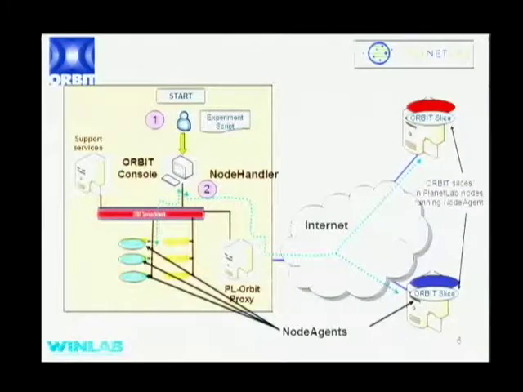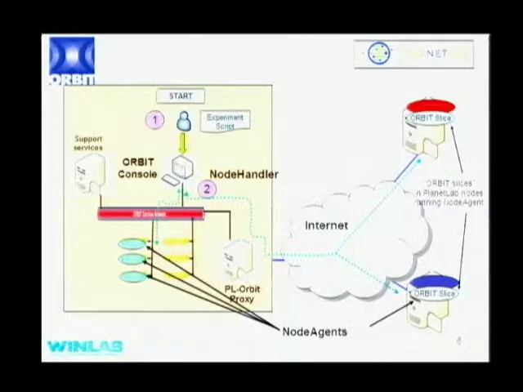A user logs into the ORBIT console and provides an experiment script, which is a Ruby script based description of the dynamics of the experiment, and that is parsed by the node handler, which runs on the console. The node handler parses the script and sends commands to node agents that run on every ORBIT node, and sets up the experiment as well as executes it.